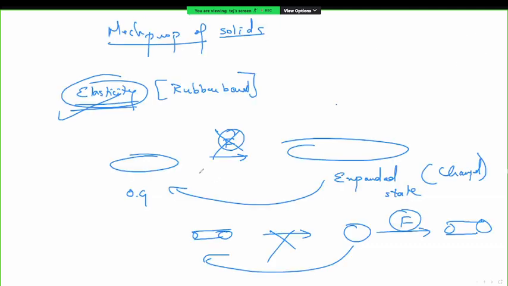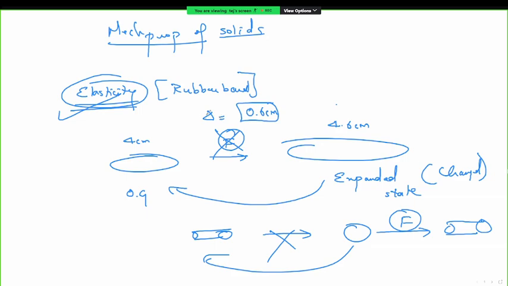I'll go back to the example here. Let's say I take the example of the rubber band. Now here it was, let's say, 4 centimeters. Fine. Here, after expanding, it became 4.6 centimeters. Now, if I ask you what was the change after applying force, the answer is 0.6 centimeters was the change. Getting it? So this change is represented by delta.